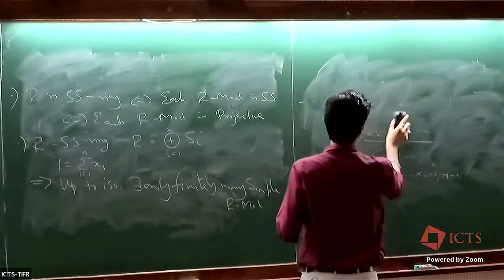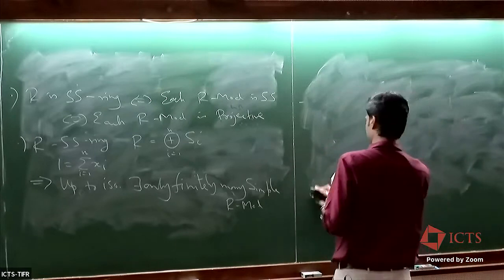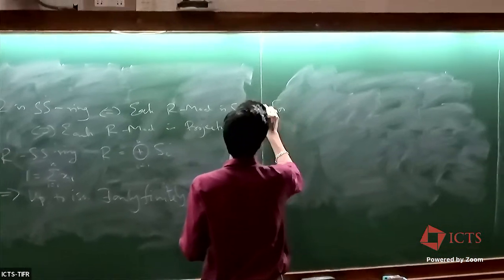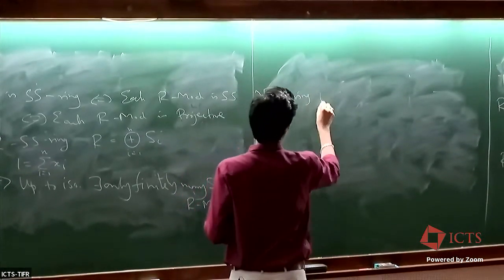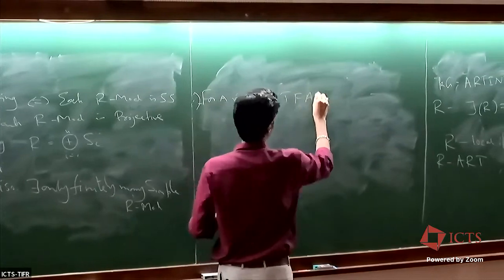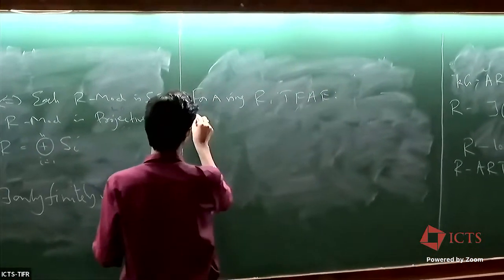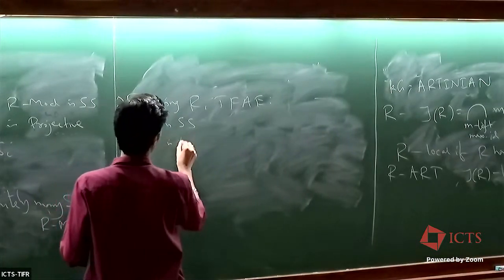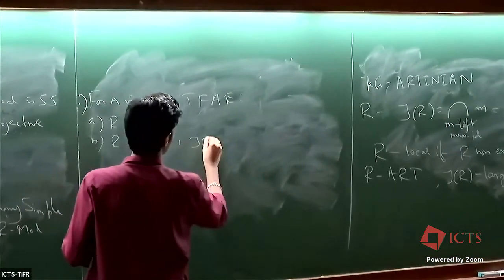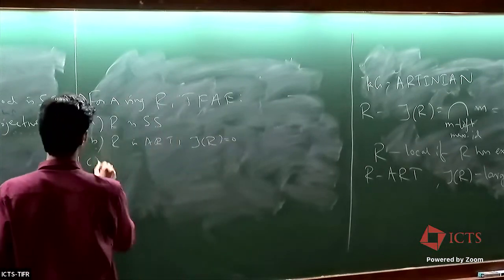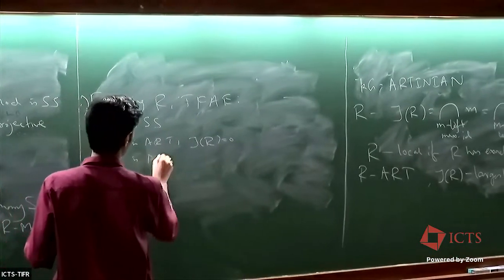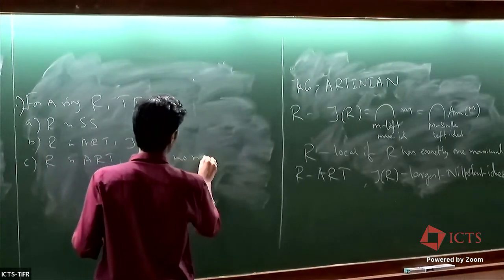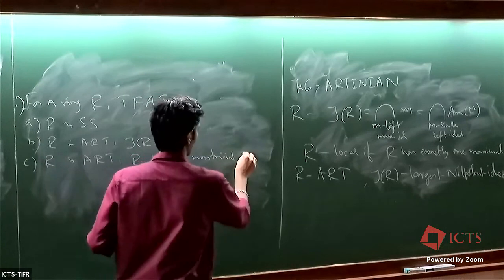Also, one has an Artinian condition associated to semi-simple rings, and that is the following. For a ring R, the following are equivalent: R is semi-simple, which is equivalent to R being Artinian with Jacobson radical being 0, which is equivalent to R being Artinian and R having no non-trivial nilpotent ideal.